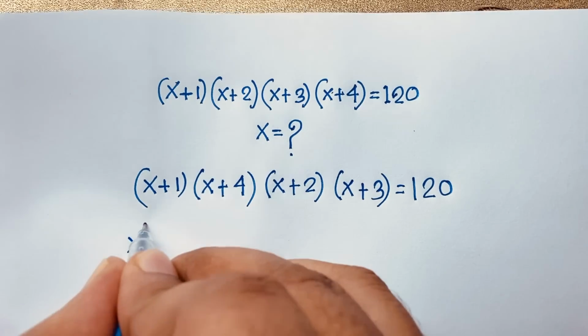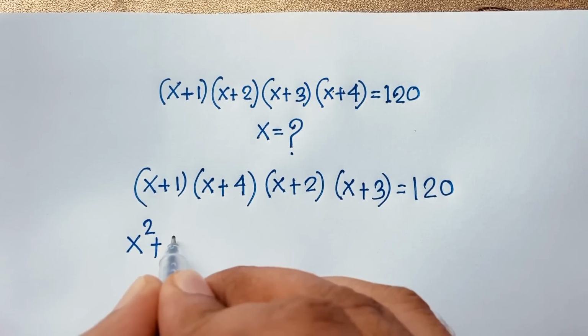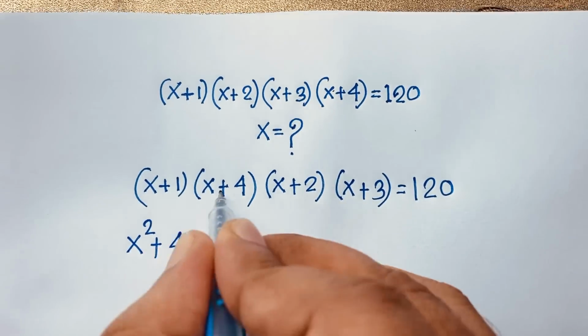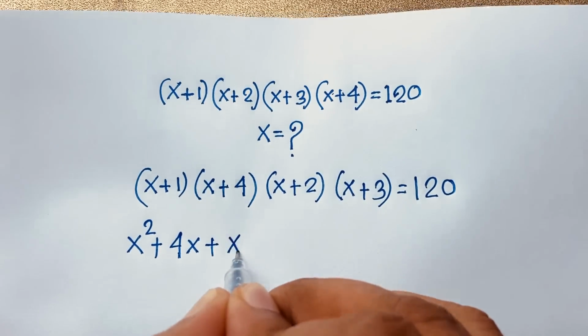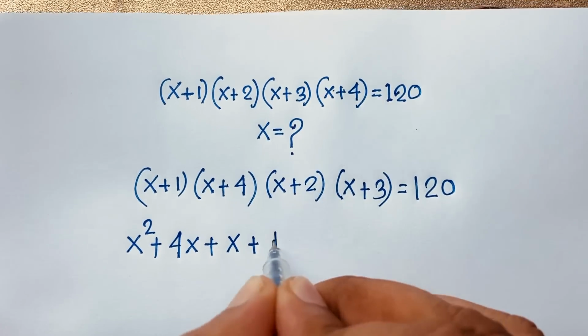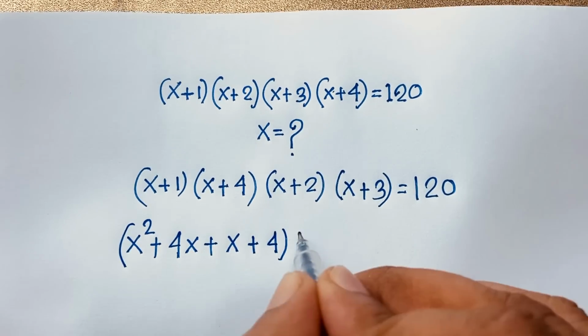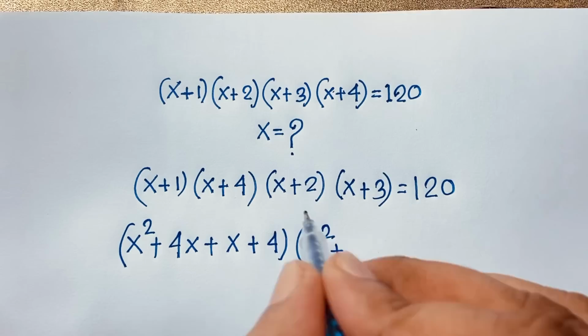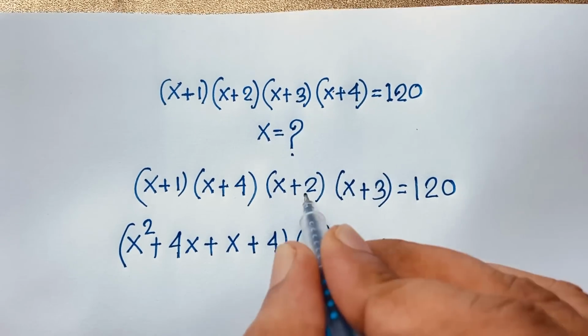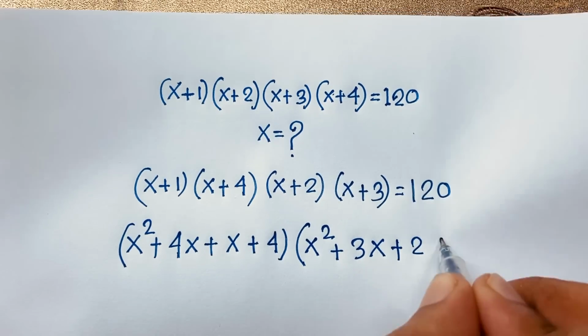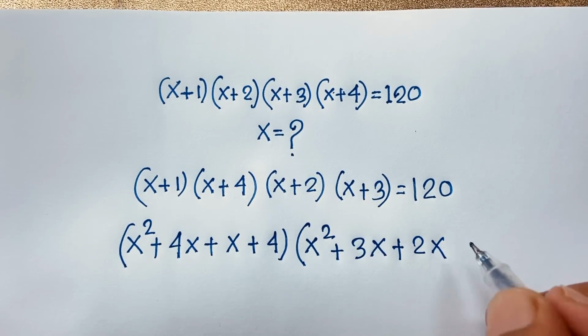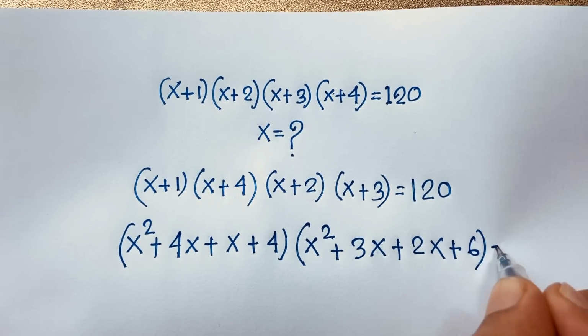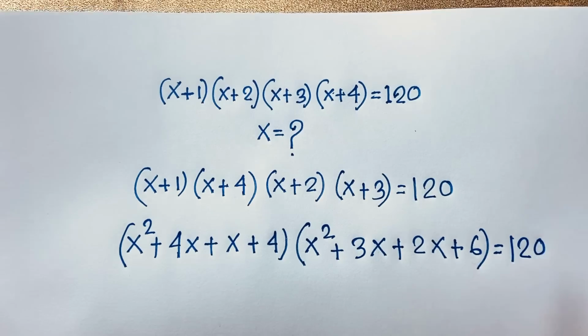plus x times 4, it will be 4x, x times 1, it will be x, 4 times 1, it will be 4. And here x times x is x squared, plus 3 times x is 3x, 2 times x is 2x, and 3 times 2 is 6, and here is 120.